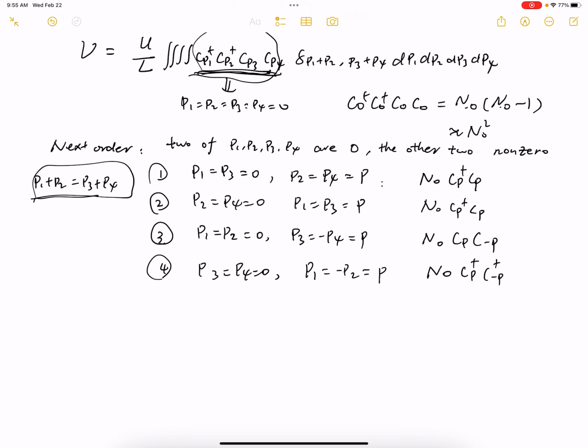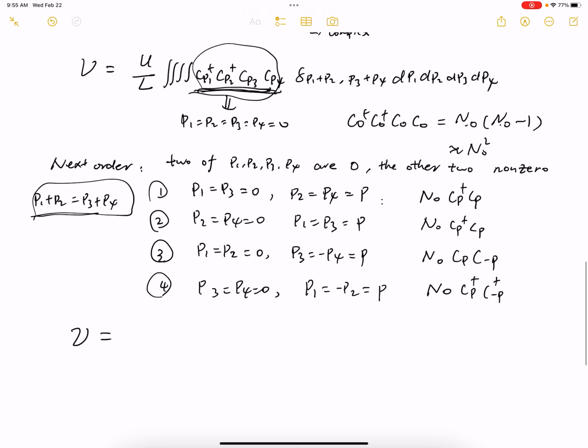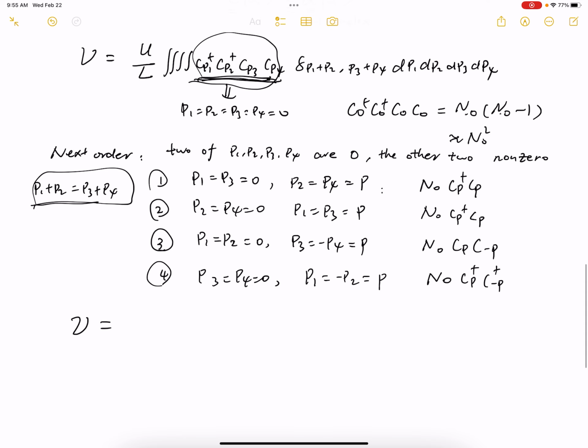Okay, so with all these 4 cases, we can simplify this V here. This makes a lot of simplification because we actually have 2 of them to be 0, so this integration changes to just a single one, because there's only 1 P at the end after the reduction. This whole integration just becomes a single integration over P, and we assume P is not equal to 0, since the other 2 are non-zero.